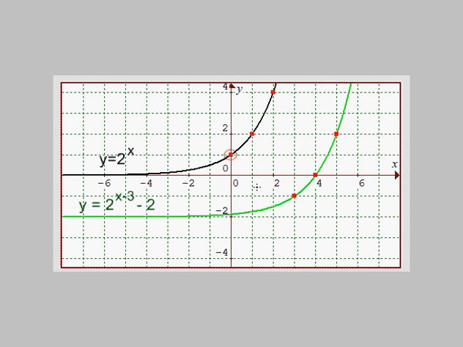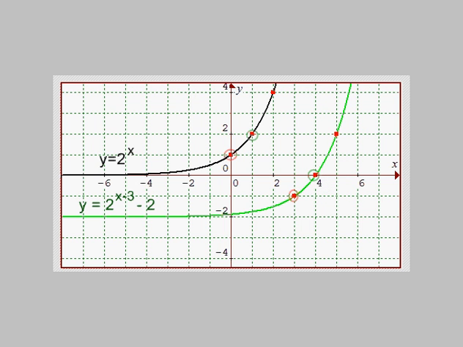We shift that point 3 to the right, 1, 2, 3, and down 2, and we get a point of 3, negative 1. Next, we shift the point 1, 2 from 2 to the x, and we shift that point 3 to the right, 1, 2, 3, and then down 2 to the new location of 4, 0.